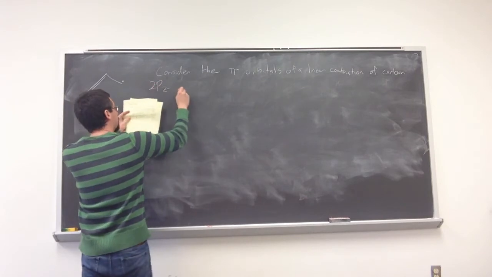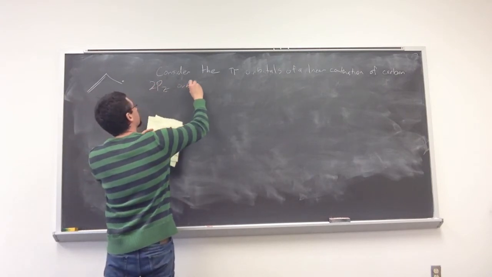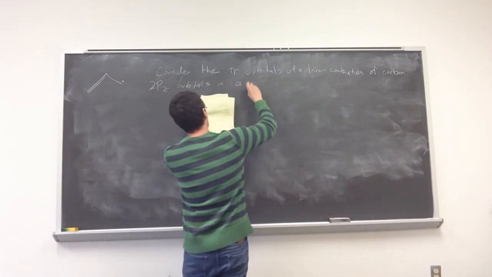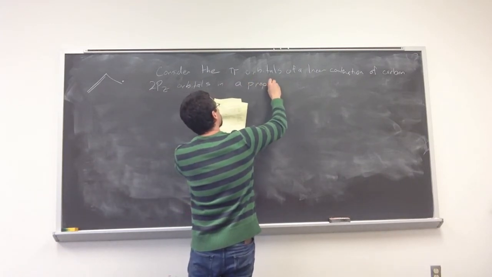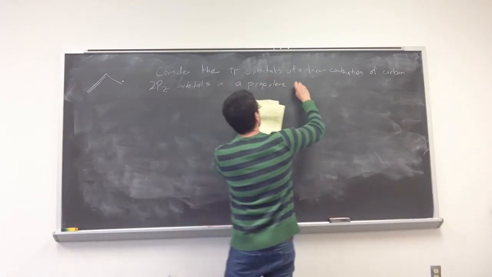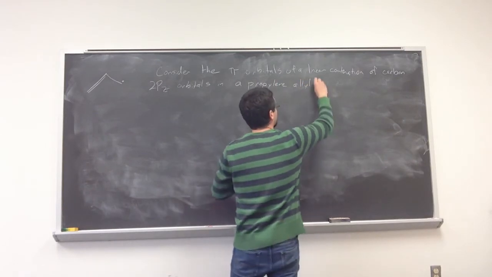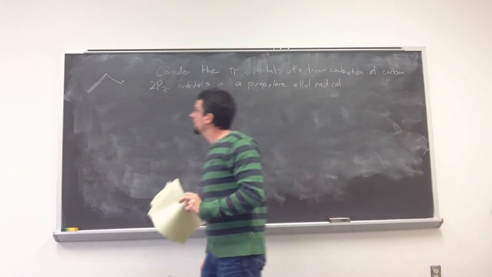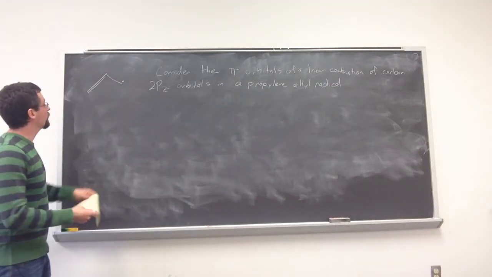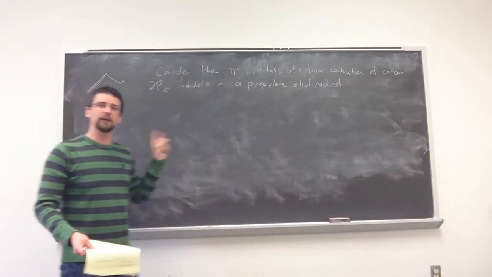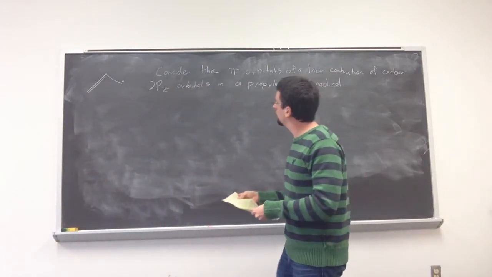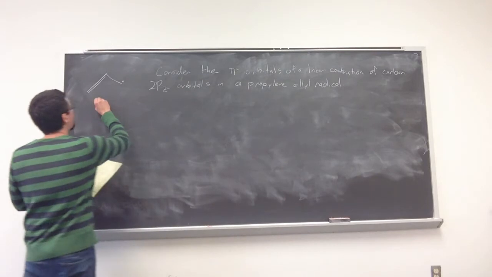So the pz orbitals in a propylene allyl radical. We're only considering the pi orbitals. In this case, there are 3 pi orbitals. Let's write out our linear combination.